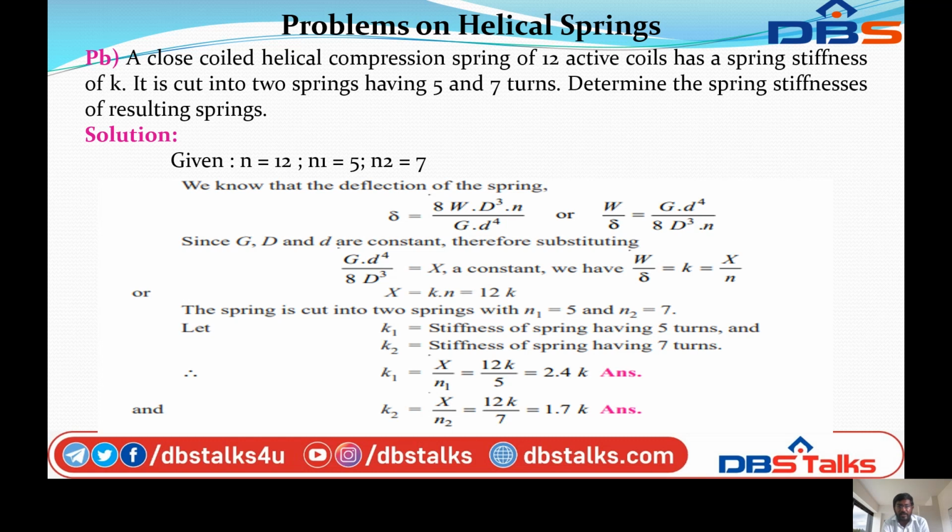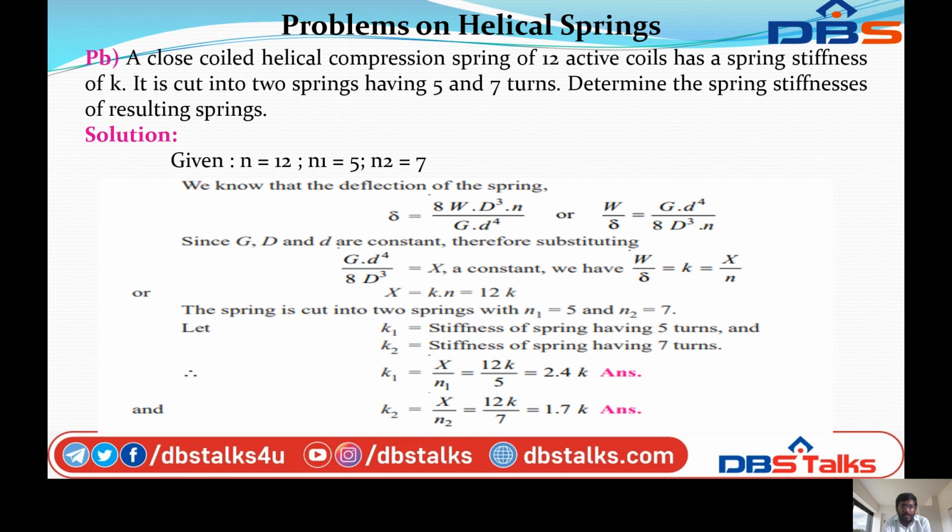We know that the deflection of the spring delta is equal to 8 W D cube N by G d power 4, or W by delta is equal to G d power 4 by 8 D cube N. Since G, capital D and small d are constant, substituting G d power 4 by 8 D cube equal to X as a constant.